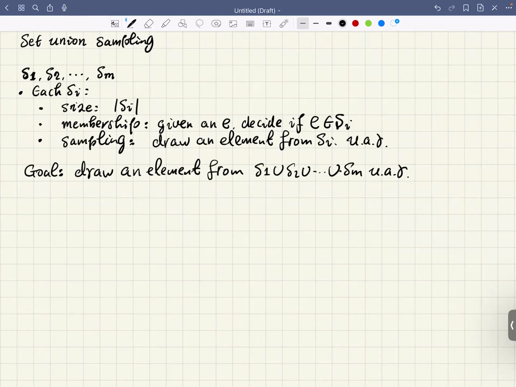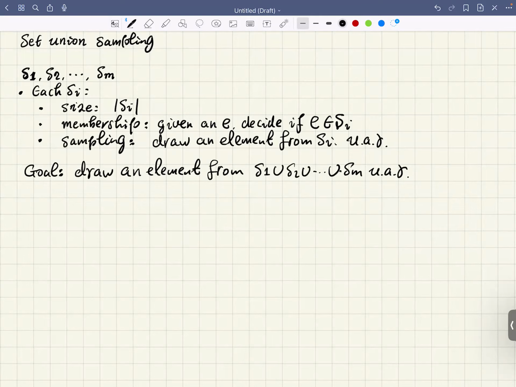So anyway, as I said, if all these sets are disjoint, then you can easily solve the problem using the size operation and also the sampling operation optimally in M time. Good. Well, this method breaks when you have overlap among the sets. Think about it. Let's say there is some guy appearing in all these sets, and every other element appears in only one set.